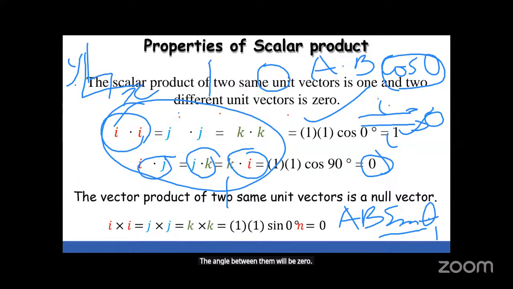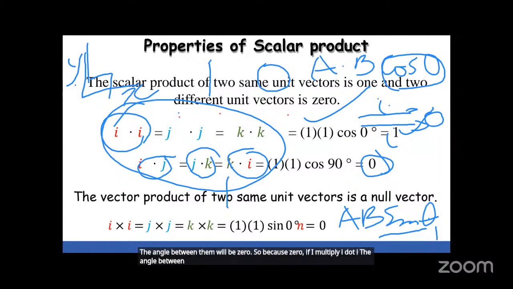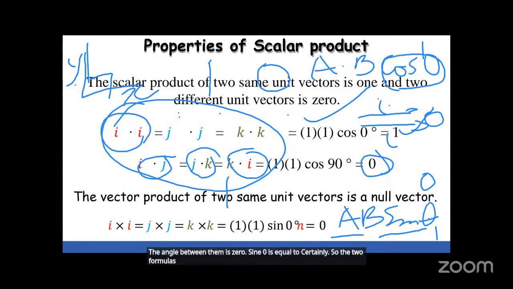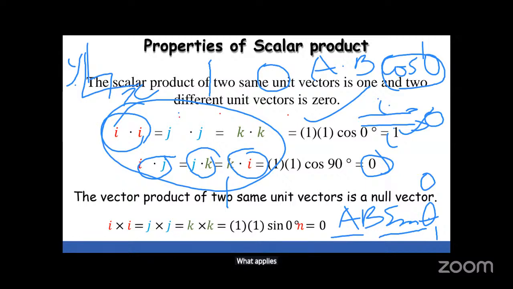So cos 0 is equal to 1. But in the second case, with sin theta, the angle between them is 0, and sine 0 is equal to 0. So the two formulas are opposite to one another. What applies in one does not apply in the other.